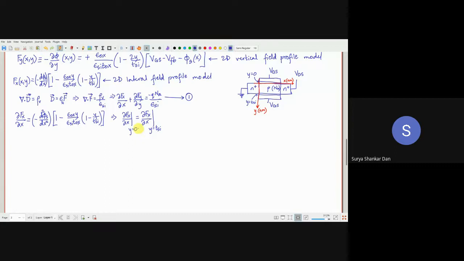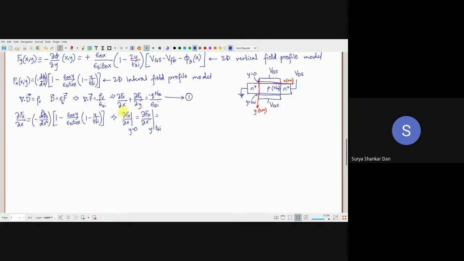Okay, so once we have got this, in both the cases, if you are putting y equal to 0, that means यहाँ पर 0 आ जाएगा, this whole is gone. When you put y equal to TSI, so you are putting a TSI here in place of this. So TSI by TSI, that is 1 minus 1 again cancels. So you are left with again this.